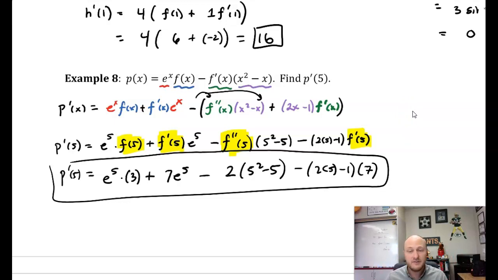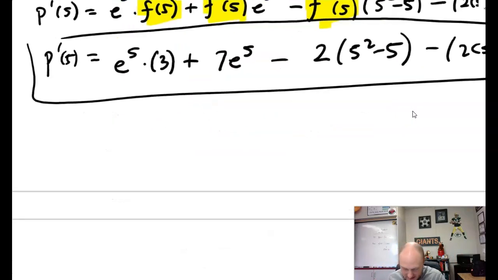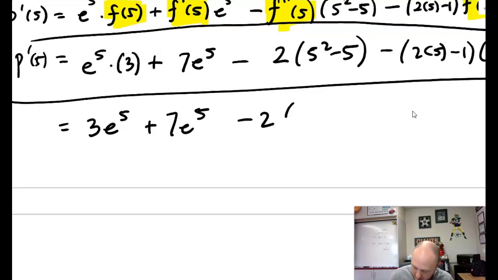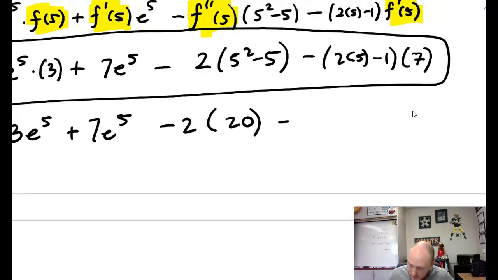That being said, what if this is a multiple choice? We want to go ahead and simplify this. So we have 3e to the 5th plus 7e to the 5th, minus 2 times 25 minus 5, that gives us 20. Minus, what do we got here? 10 take away 1, that's 9 times 7.